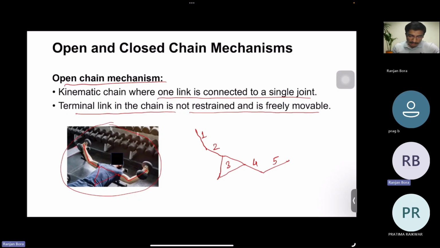Yes, 1 and 5 are the terminal links. You can see the person is doing the exercise, so the terminal links are freely movable. The person can freely move the terminal link. So it is an example of an open chain mechanism, because here the terminal links are not fixed.